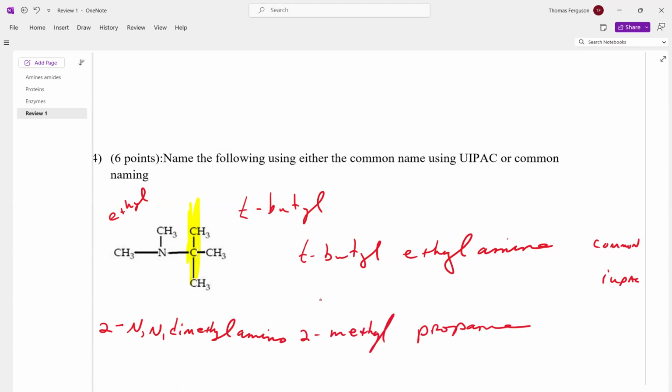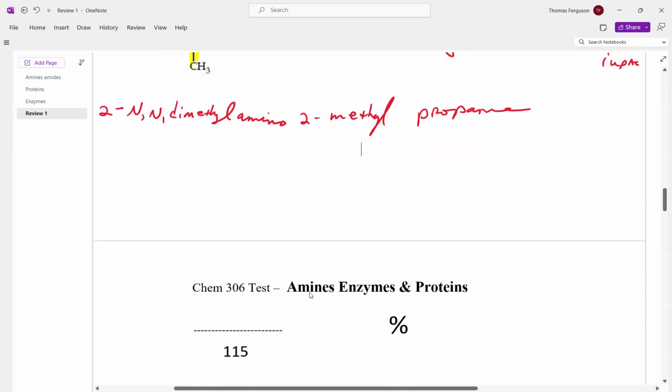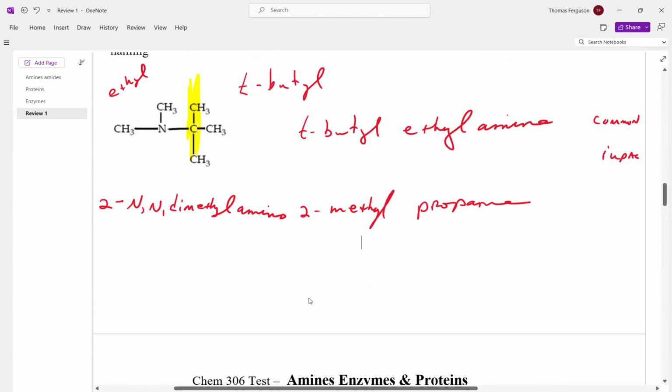That would be the IUPAC. Now, we didn't stress t-butyl too much in this class. I did last semester, though. But anyway. Okay, does that make sense on the N,N-dimethyl? That refers to these guys here.